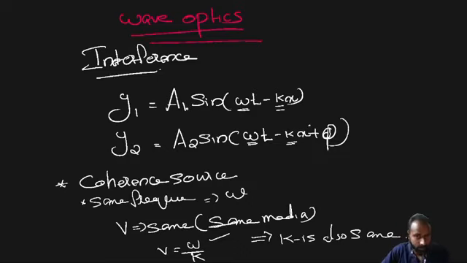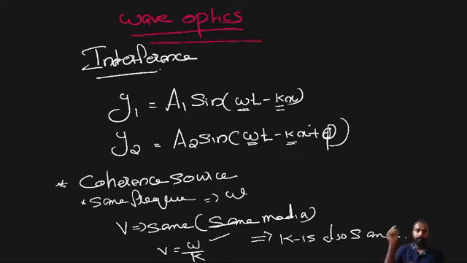That's why I write this y1 and y2 like this. y1 is a1 sine(omega t minus kx), y2 is equal to a2 sine(omega t minus kx plus phi). These are coherent sources, same frequency. Coherent sources, actually, the definition of a coherent source is that it can produce a constant phase difference at a point in space with respect to time.